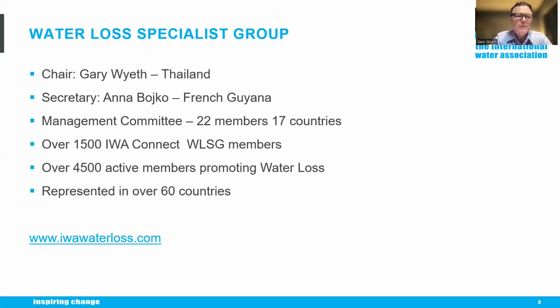We have a very strong management committee with over 22 members from 17 countries, and we're very strongly supported with over 4,500 active members who receive the emailer that we send out every 2 weeks. You'll see at the bottom, there's an email address, and if you go to that email address, you'll be able to put your email in, and you will start to receive the emailers from the Water Loss Specialist Group every 2 weeks.